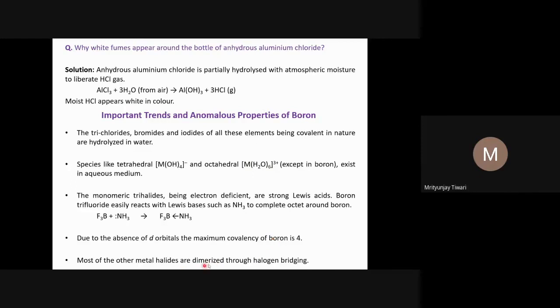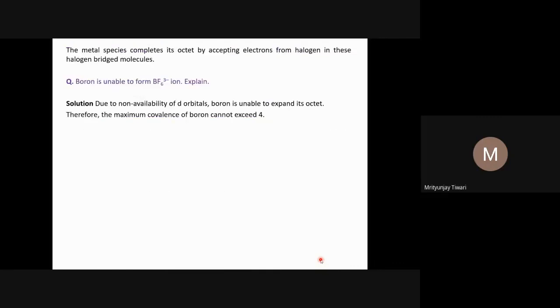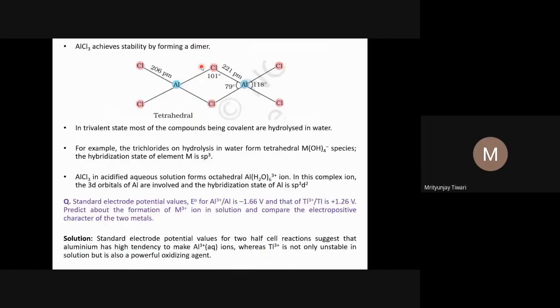Most of the other metal halides are dimerized through halogen bridging. The aluminium trichloride, AlCl3, we have seen, dimerizes. The metal species completes its octet by accepting electrons from halogen in this halogen bridged molecule. We have seen this in the case of AlCl3 here. This is a chlorine bridged compound, and this chlorine is shared between 2 aluminium atoms.